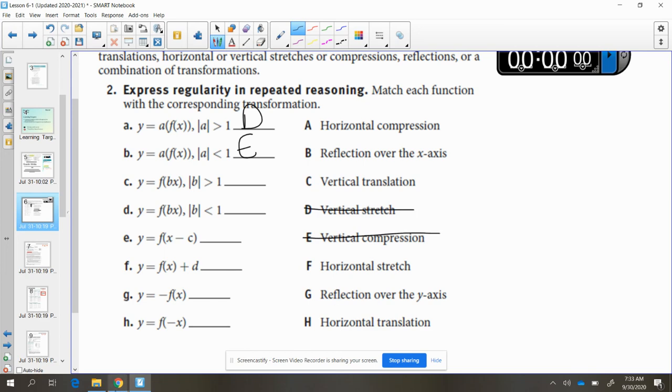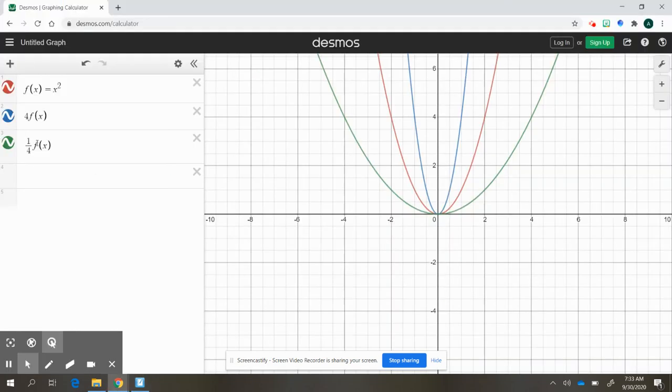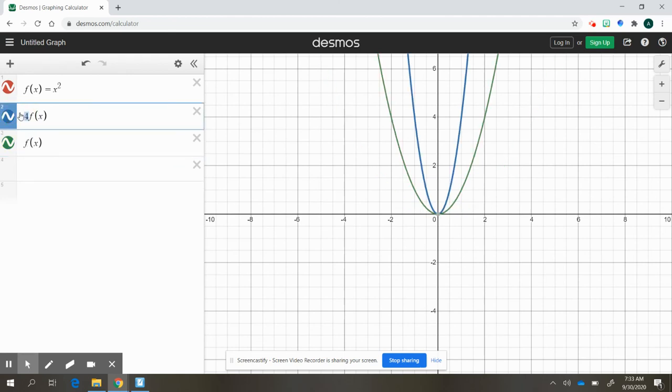Okay, what happens if we change our graph, however, on the inside of it? Okay, so our graphs, if we take a B value that is greater than 1, so again, let's say 4, inside of that functional value, this time we have a horizontal compression. We're shrinking it horizontally.